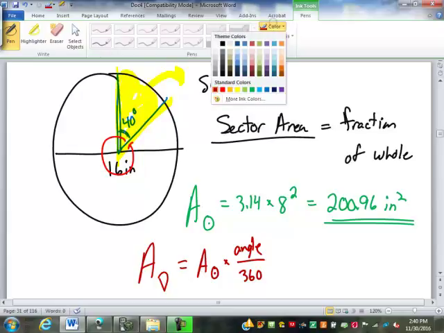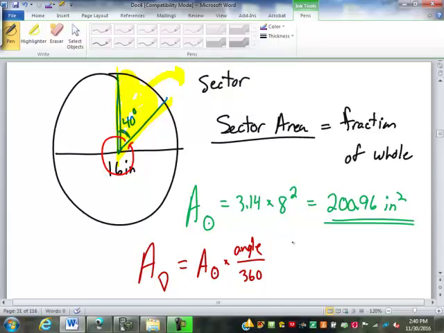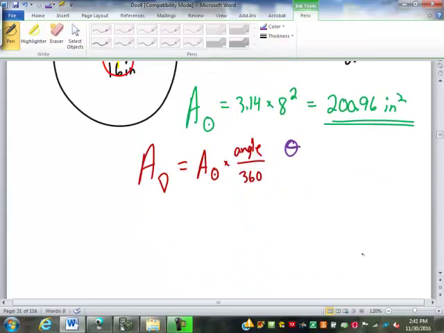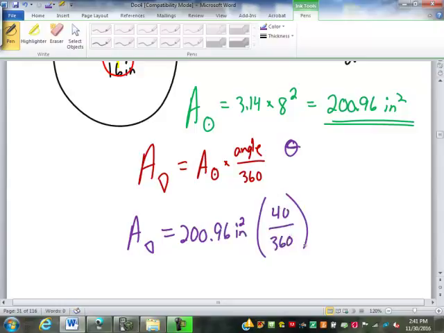Now, the symbol that they most often use for angle is the Greek letter theta. It's like a 0 or an O with a line through the middle like that. That represents a generic angle or an angle that we're interested in. So for this one, the area of that sector is going to be the 200.96 square inches for the whole circle times 40 over 360.